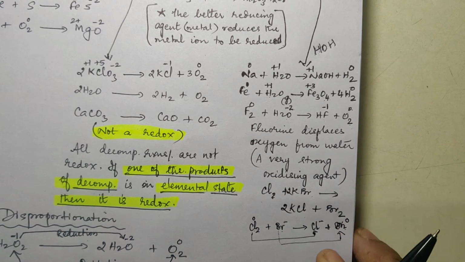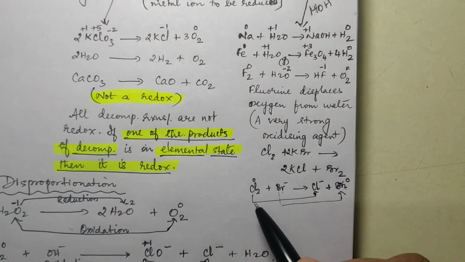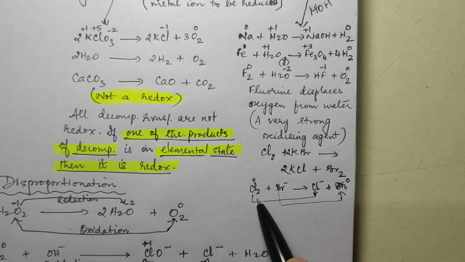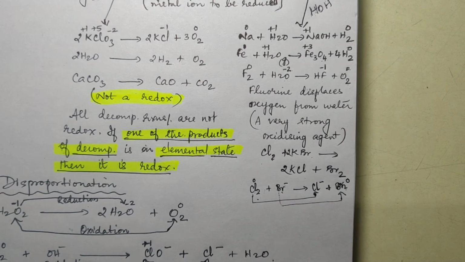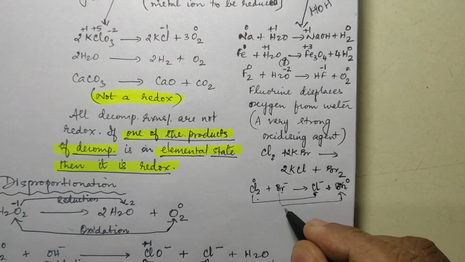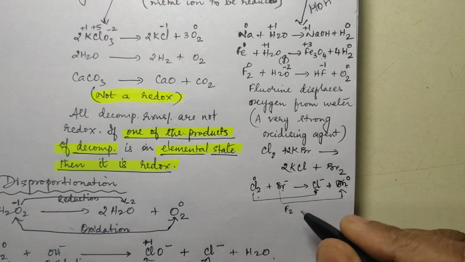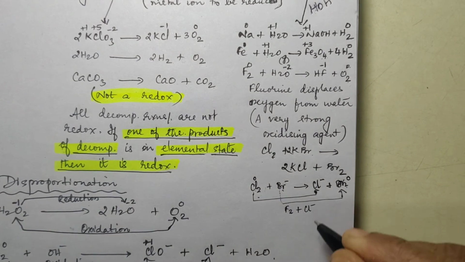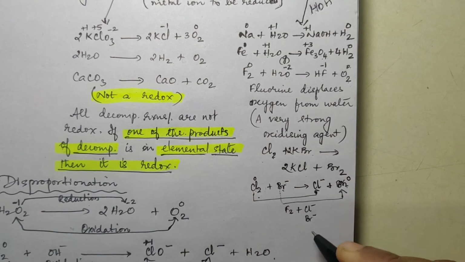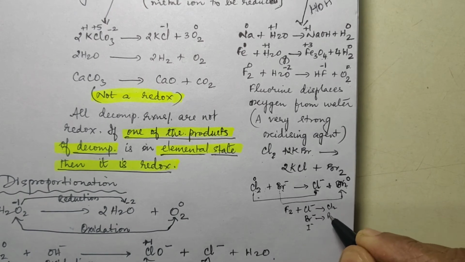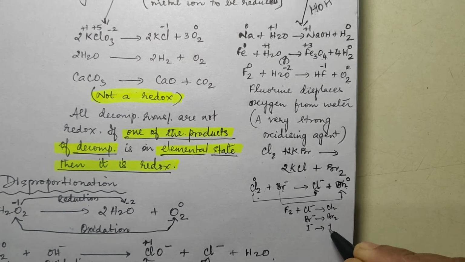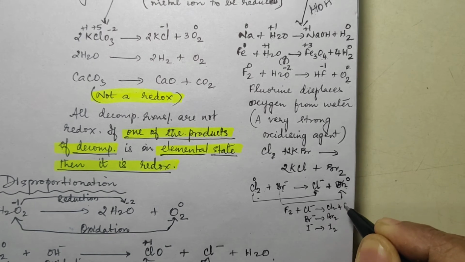Now generally what we say is that the halogens oxidize the halide ion which is placed below it in the periodic table. Like if I take F2, this will oxidize Cl minus, Br minus and I minus to their corresponding Cl2, Br2 and I2, and itself will be reduced in the form of F minus.